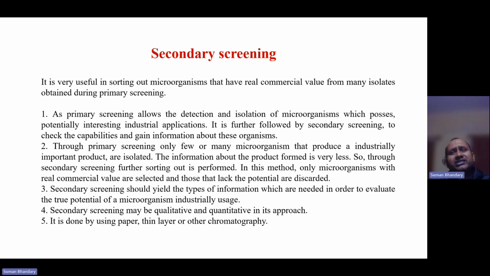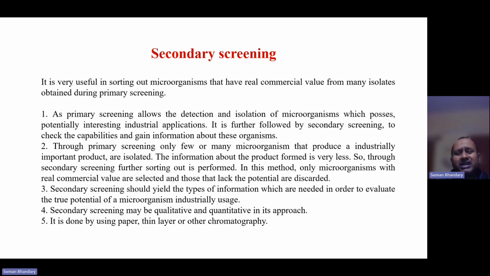And mostly secondary screening is conducted on agar plates or in flasks or in small scale fermenters containing liquid culture media. Agar plates are not as sensitive as liquid culture, but have advantages in secondary screening because more information we can obtain from solid culture medium.